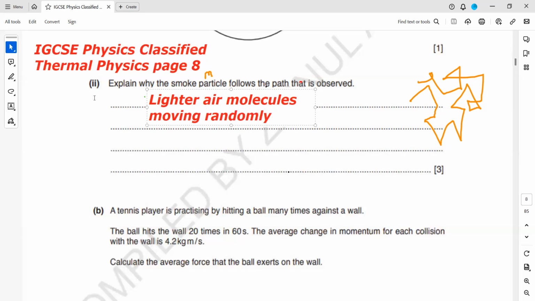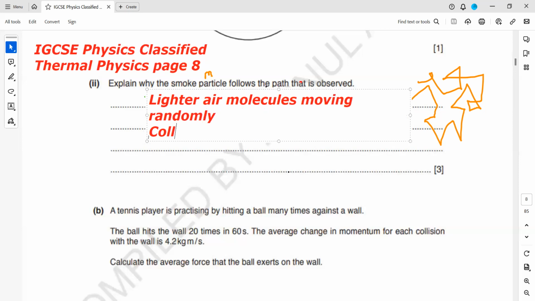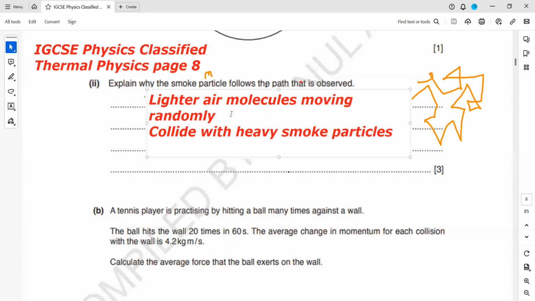That is the first point. As they're moving randomly, they collide with the heavy smoke particles. And when they collide with the heavy smoke particles, what will happen? They exert a force and cause a random motion.